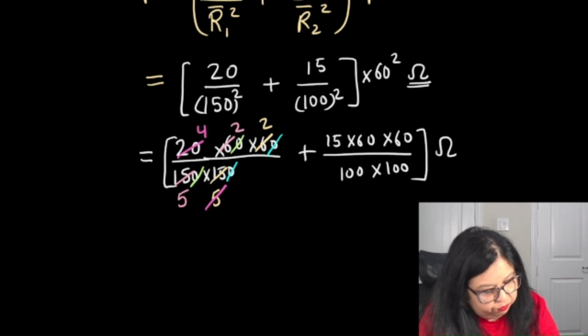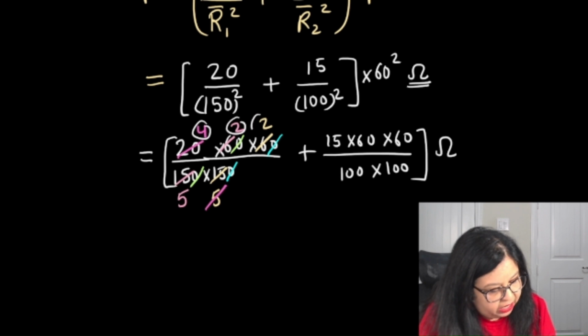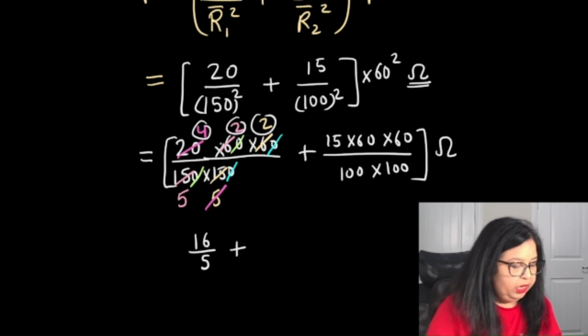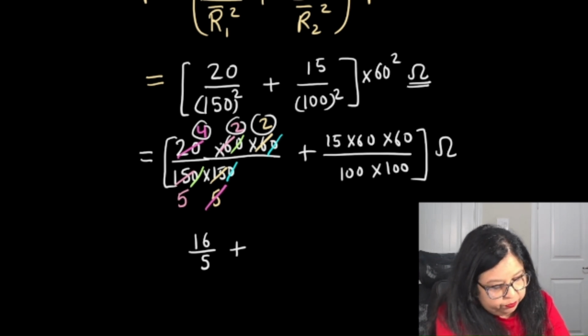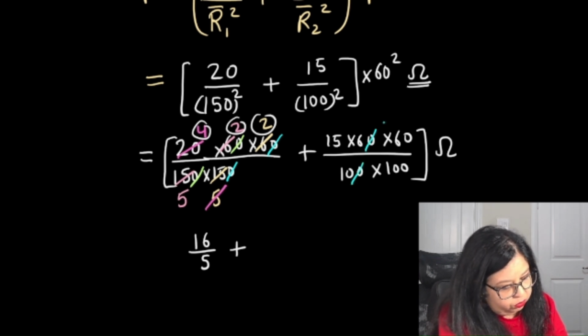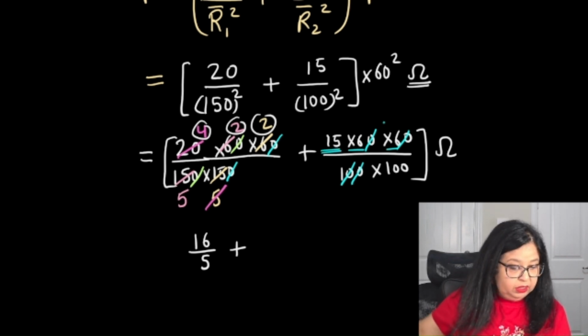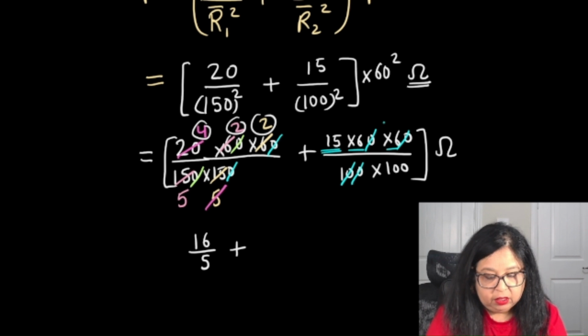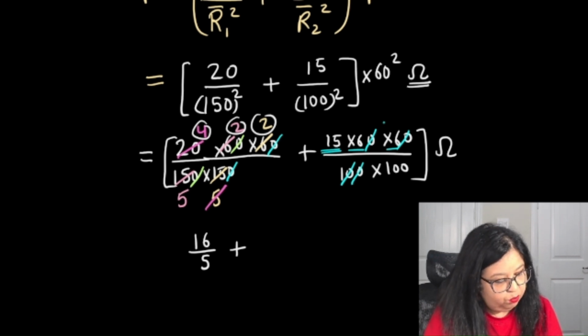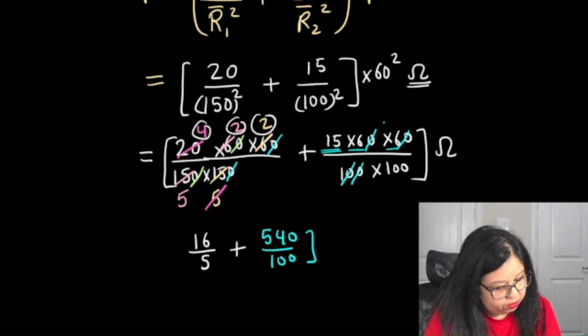So what do we have in the first term? 4 times 2 times 2 is 16. 16 divided by 5. Let's look at the second term now. 0, 0, 0, 0. So 6 times 6, 36 times 15. What is 36 times 15? Let's see. 36 times 15 is 540, divided by 100 ohms.